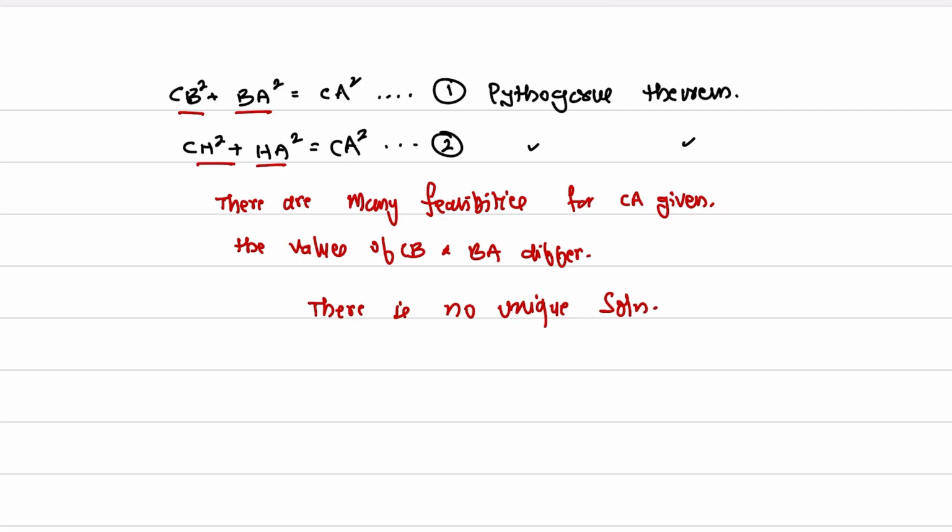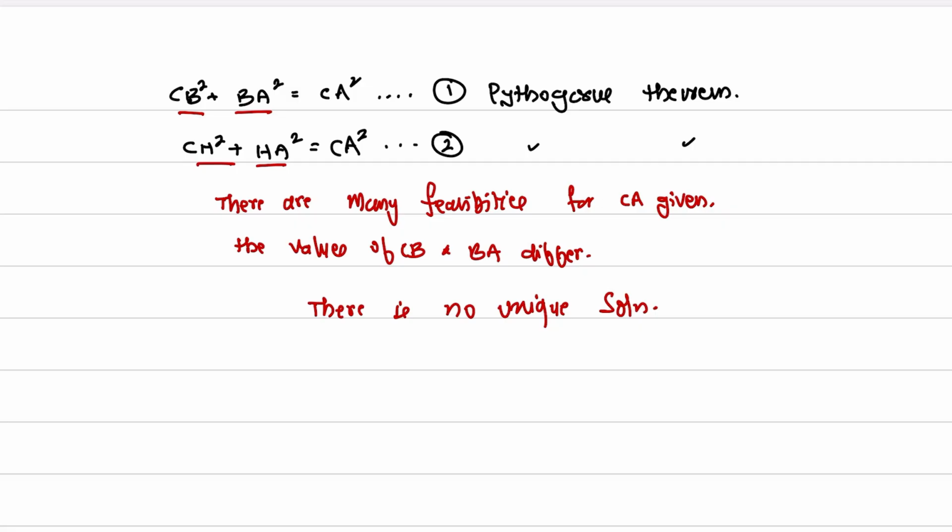Why have I given this example? The reason being, even in conditions of uncertainty in the examination, even though the data given is less, we have to ultimately prove: if data is insufficient, we have to prove it is insufficient, or if the solutions are numerous, we have to prove the solutions are numerous.